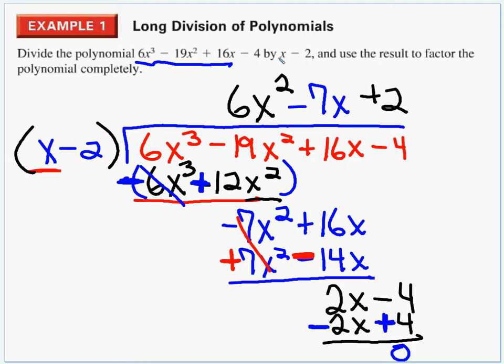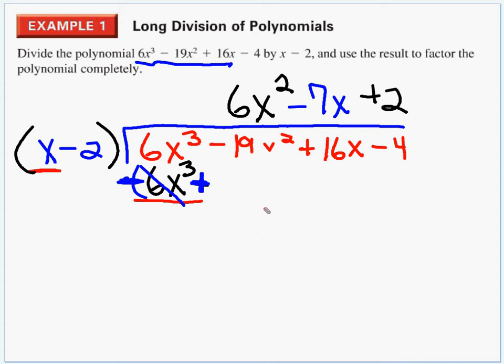All right, now it says let's go back and read the directions again. Divide the polynomial by x minus 2. We did that. And now use the result to factor what remains completely. So again, let me get rid of this down here. And what we have underneath our division sign, this was our original problem.